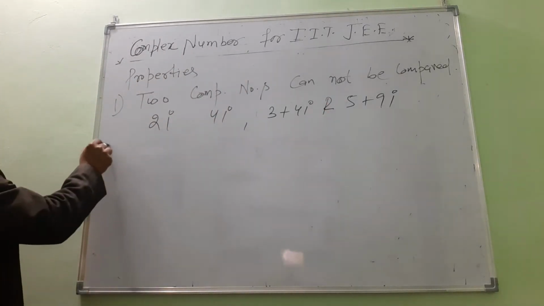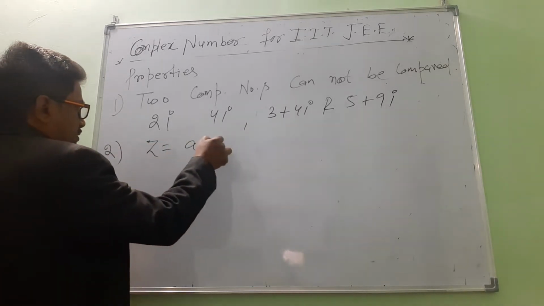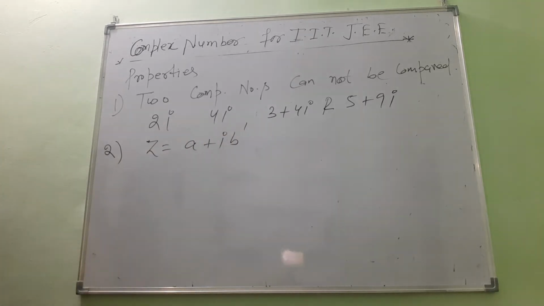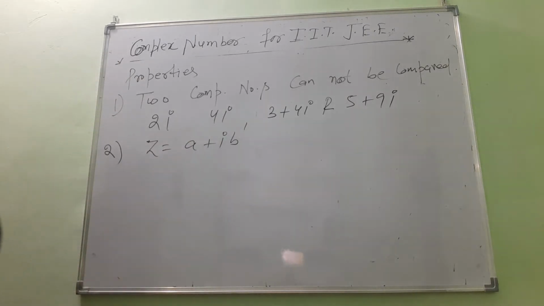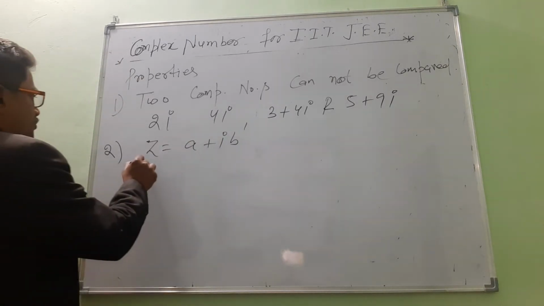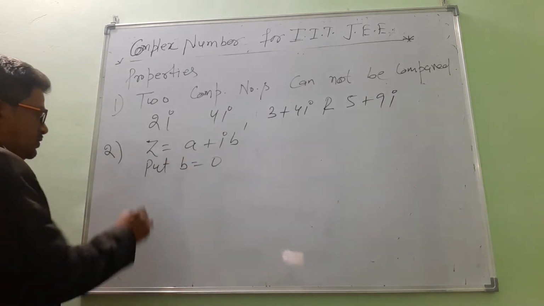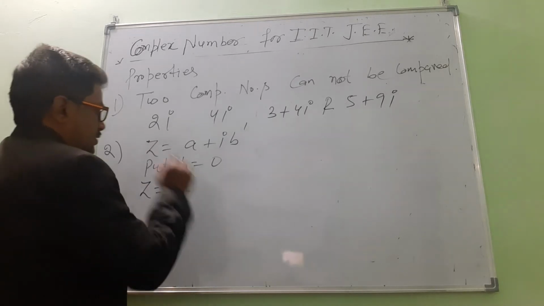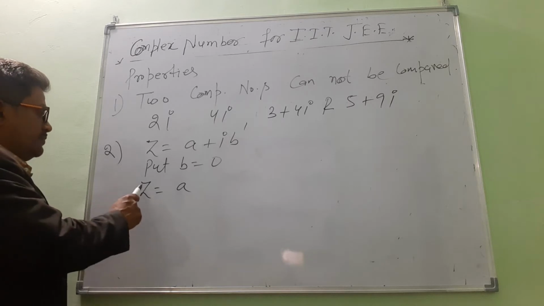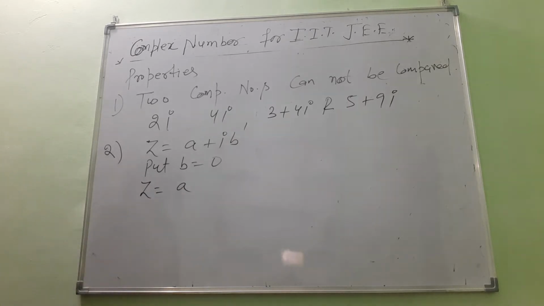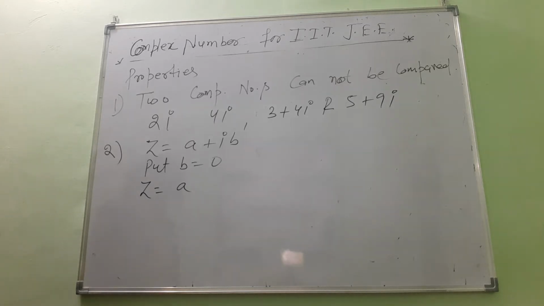Now, the second property is, as we know, any complex number is written in the form a plus iota b, where a is the real part and b is the imaginary part. If we put b equals 0, then we get z equals a, a purely real number.